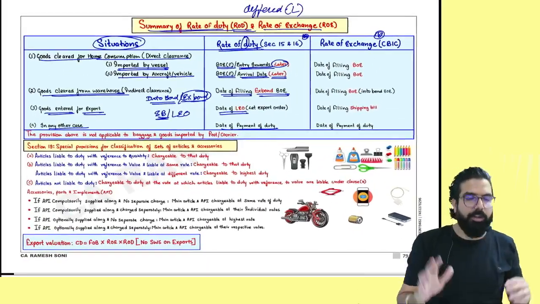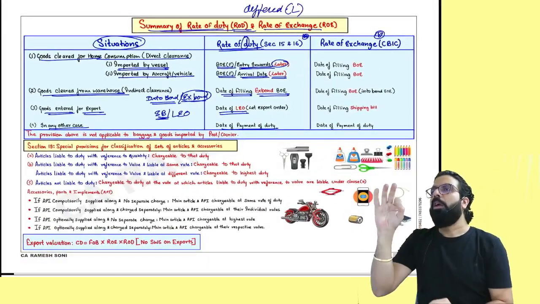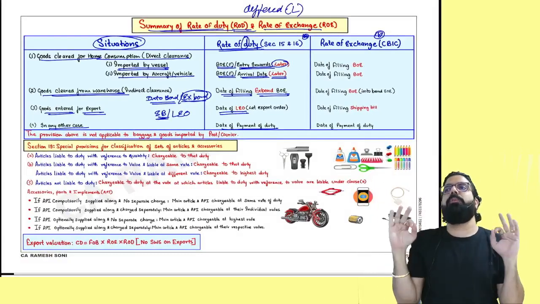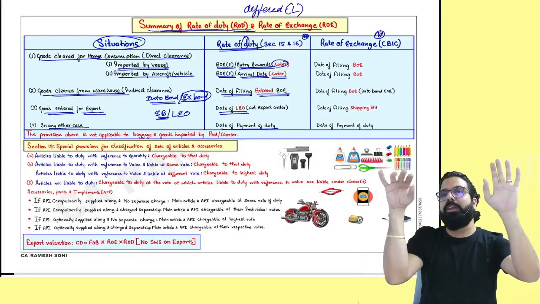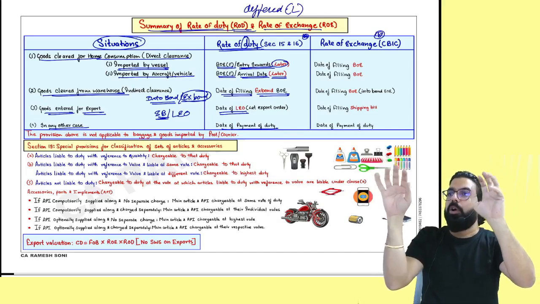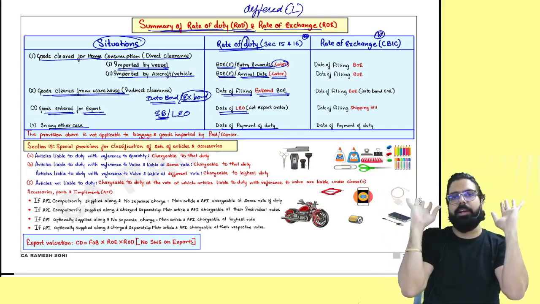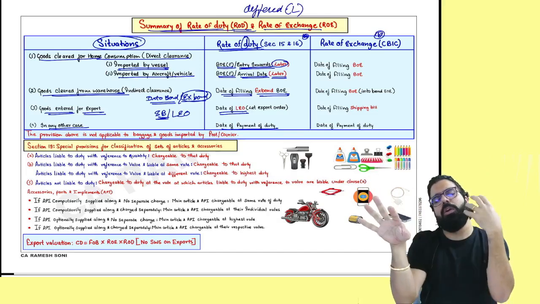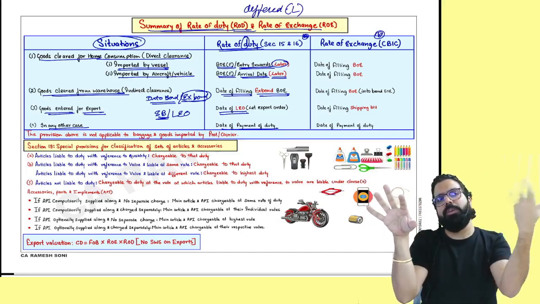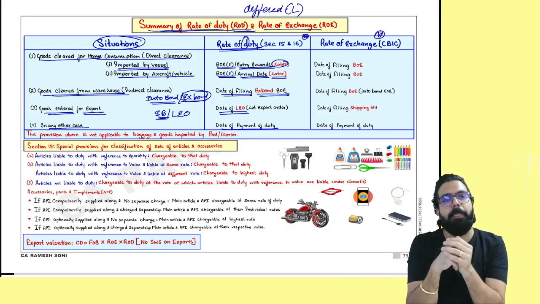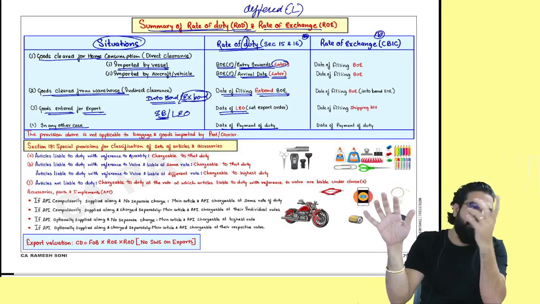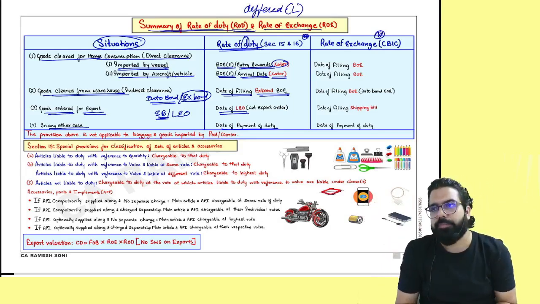I want to ask you everyone, you have to tell me. In case of rate of duty, which day will you take? If your goods have come by ship, bill of entry filing date or entry inward, whichever is later. In case of aircraft, bill of entry filing date or arrival of the aircraft, whichever is later.